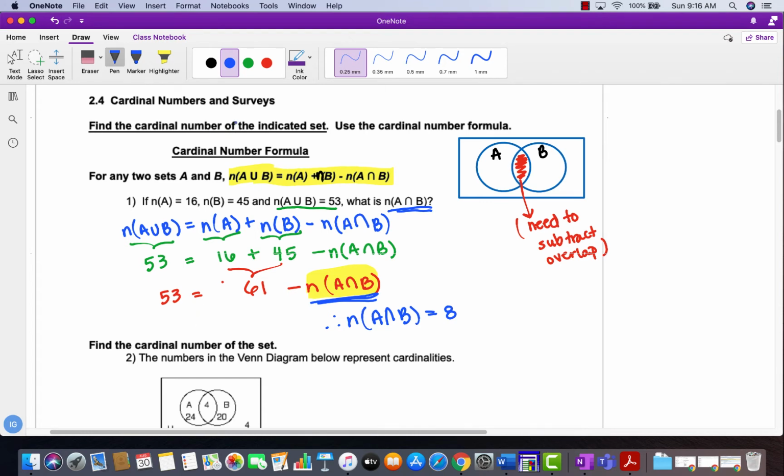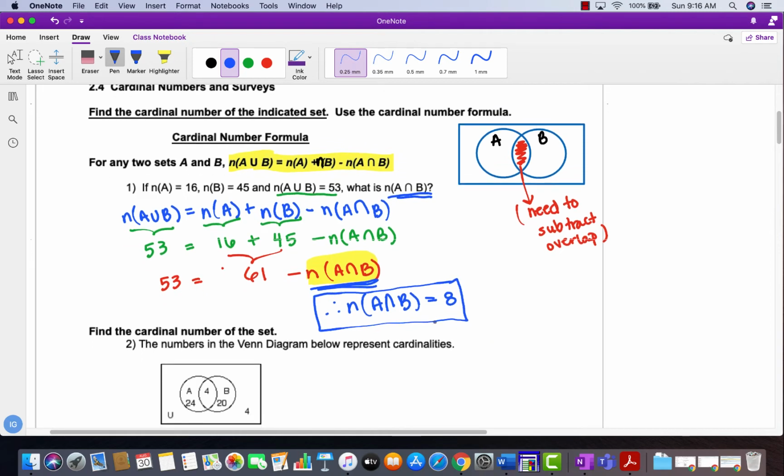That's the algebraic way to do it, but you will get the exact same thing. Oh my god, I cannot make a straight line. Let's try again. That's not straight, but that's better. All right, so there you go. This 8 is basically the overlap right here. So you will have 8 in between. That's what this is saying.